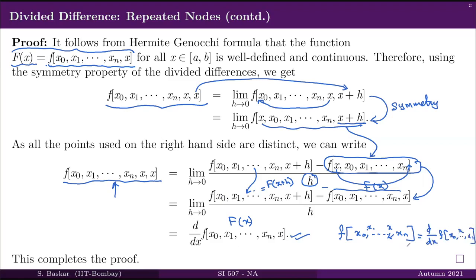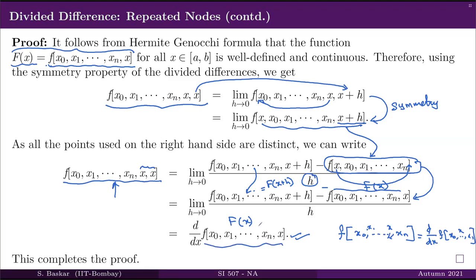Okay, that is not a problem. So what I am trying to say is you do not need these repeated nodes to sit at the last two positions. They can be anywhere inside. That is what I am trying to say. So whenever there are two nodes which are repeated, then they can be written as the derivative of this.